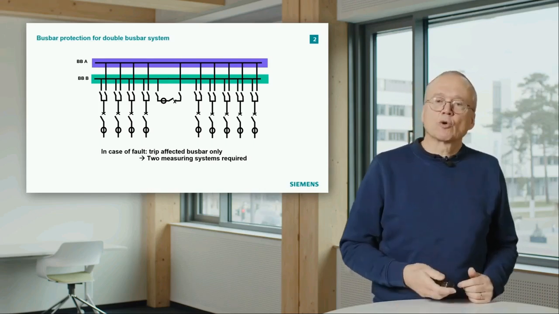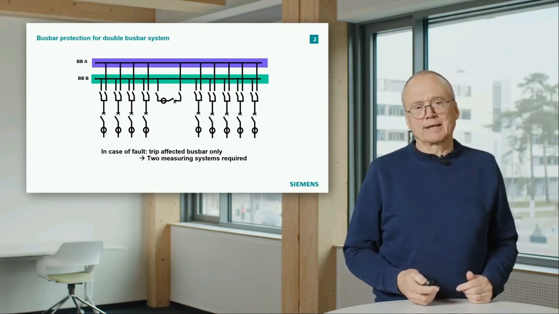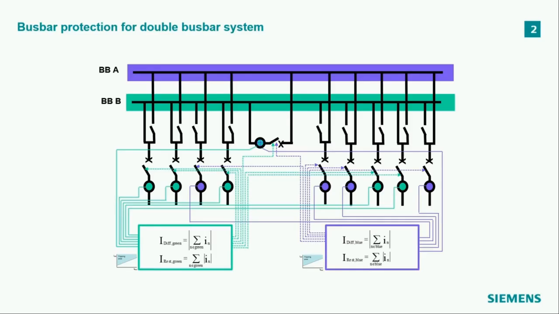And that makes the whole thing a bit more complicated, and I have indicated this in this diagram. In the current transformers indicated with these circles on the lower part, I have indicated by color to which busbar the feeder is connected. So you see the 2 leftmost feeders are connected to busbar B, to the green one.